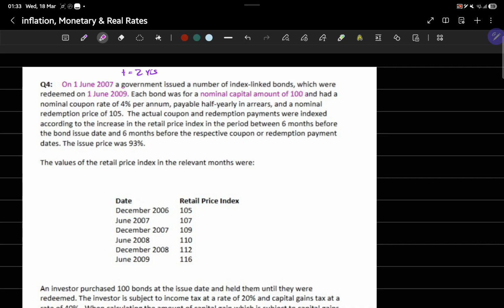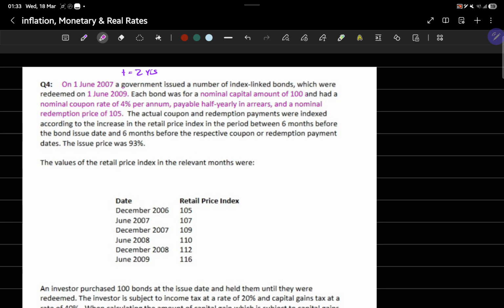So you see, we're given a nominal value. We're not given a monetary cash flow, a real cash flow. We're given a nominal value and a nominal coupon rate of 4% per annum, payable half yearly in arrears, and a nominal redemption price of 105.